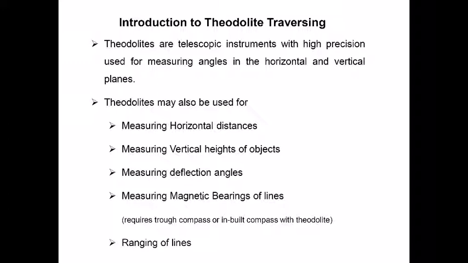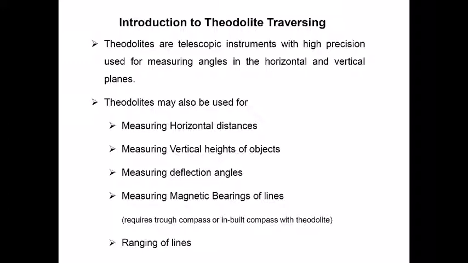Theodolites are basically instruments with which you can measure angles in the horizontal and the vertical plane, and you can do that with very high precision. So theodolites can be used for setting out horizontal angles and directions, measuring horizontal distances, measuring angles in the vertical plane, measuring heights of objects, measuring deflection angles like we discussed, and with some upgradation of the instrument, we can also measure bearings and azimuths.